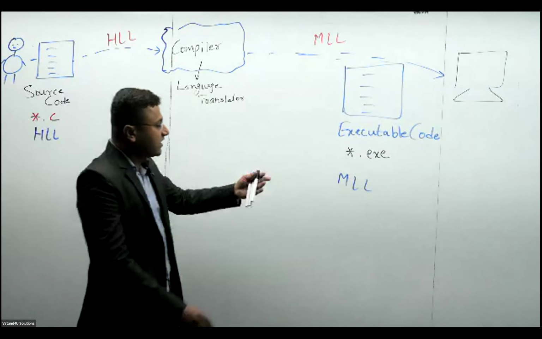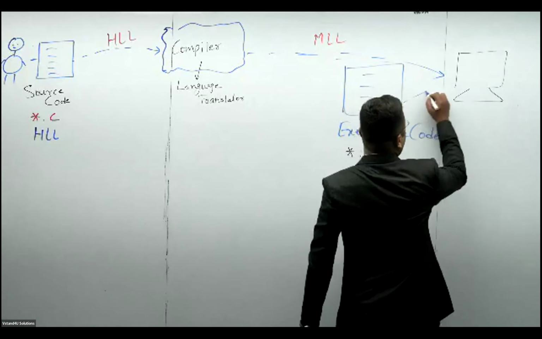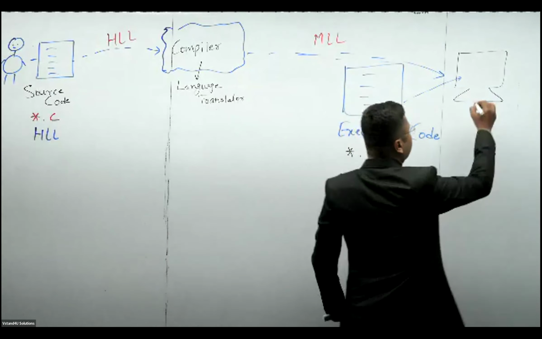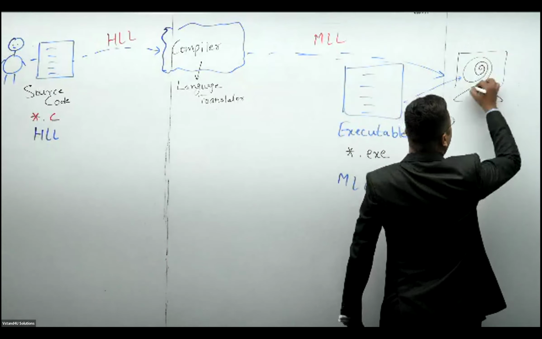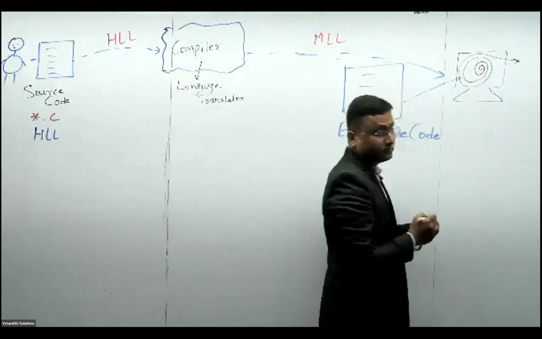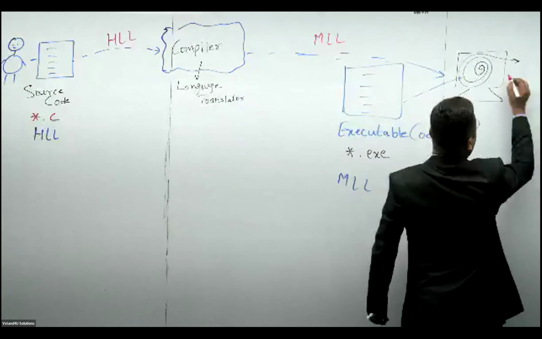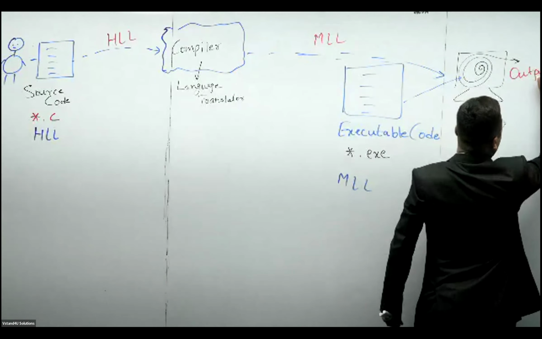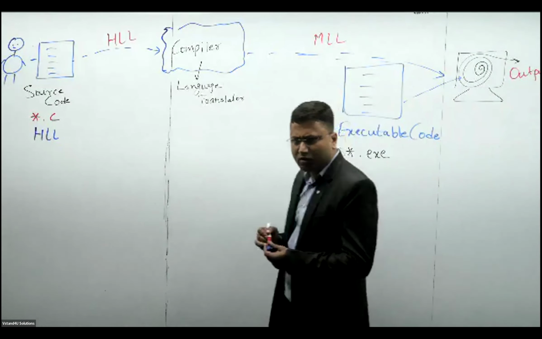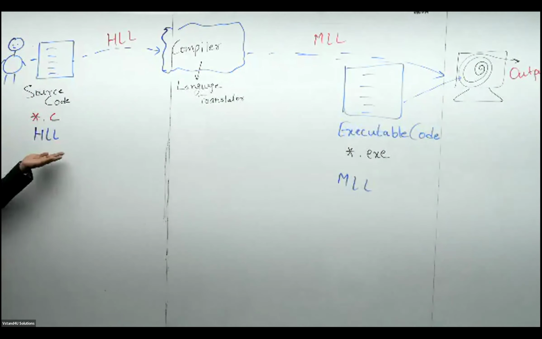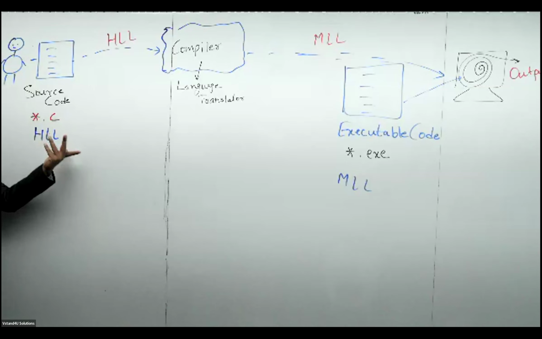Everybody? Now this particular file will be given as an input to the machine. Machine will process this file and generate some output. The desired output will be here. This is the simple process. Being a programmer, I write human understandable high level language, a source code .c file.